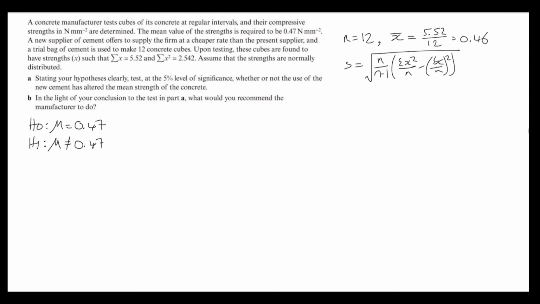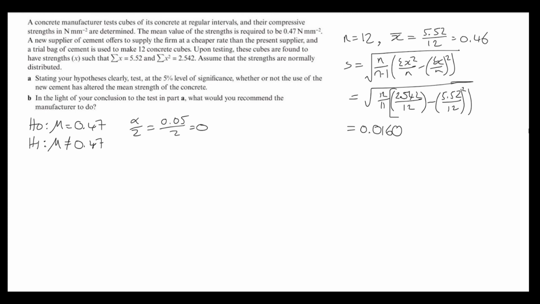Okay, always want to show this for the examiner so they know where the numbers have come from, and to get partial marks if we've made an error. Substituting this all in, and then into your calculator, and just be careful that we're calculating s rather than s squared. Into the calculator, 0.0160.